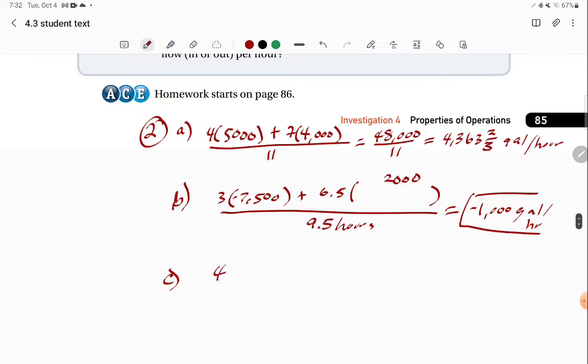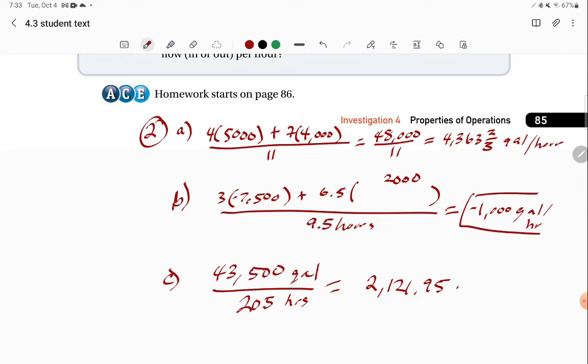So 43,500 gallons and a total of 20.5 hours, and then you would divide by 20.5, and that ends up being about 2,121.95 gallons per hour on average.